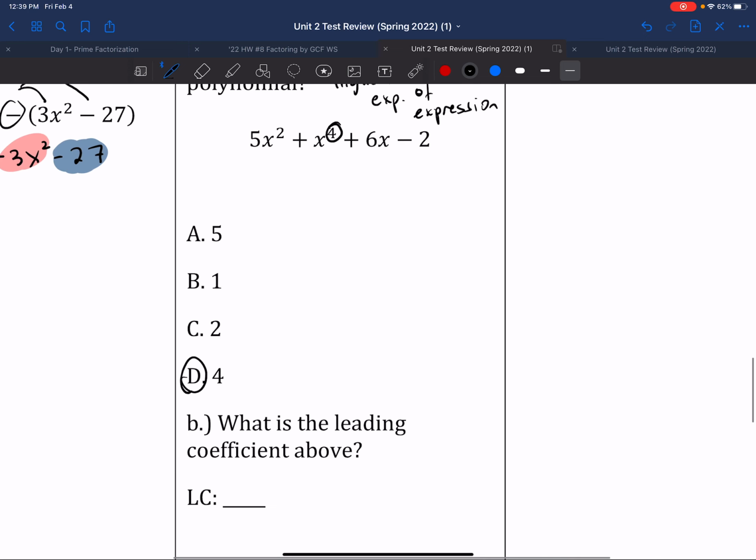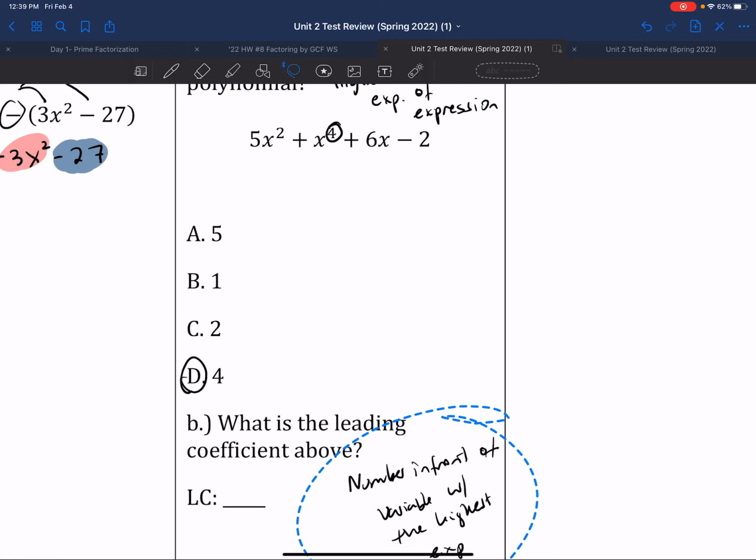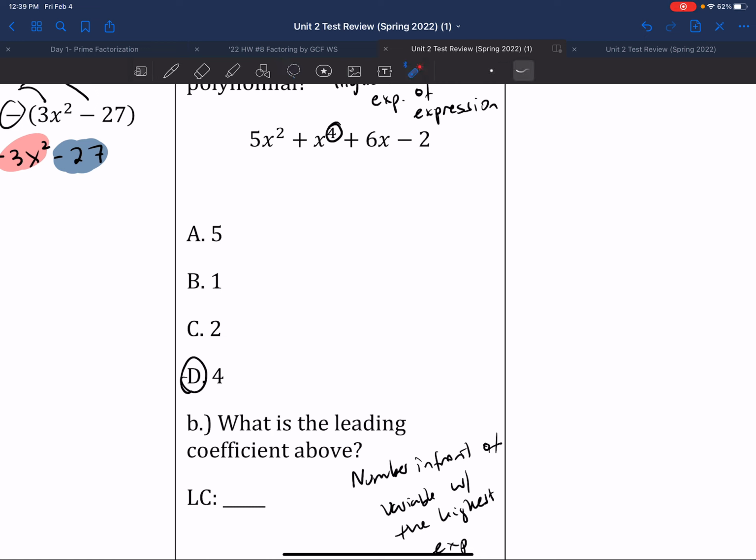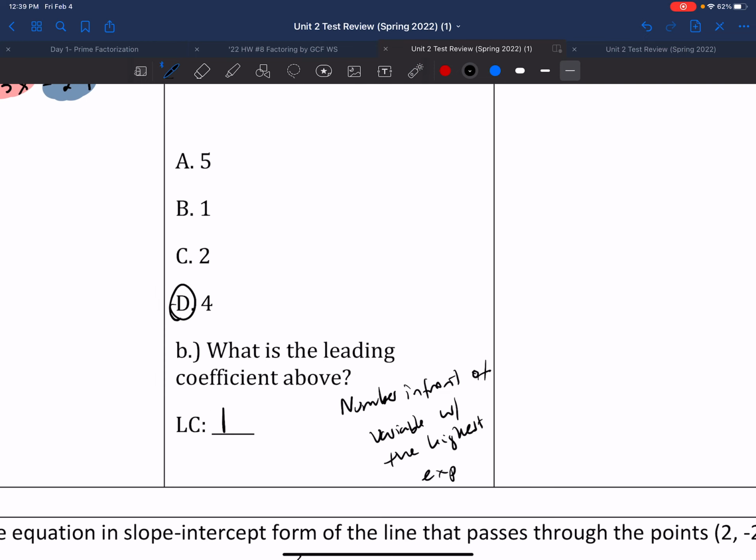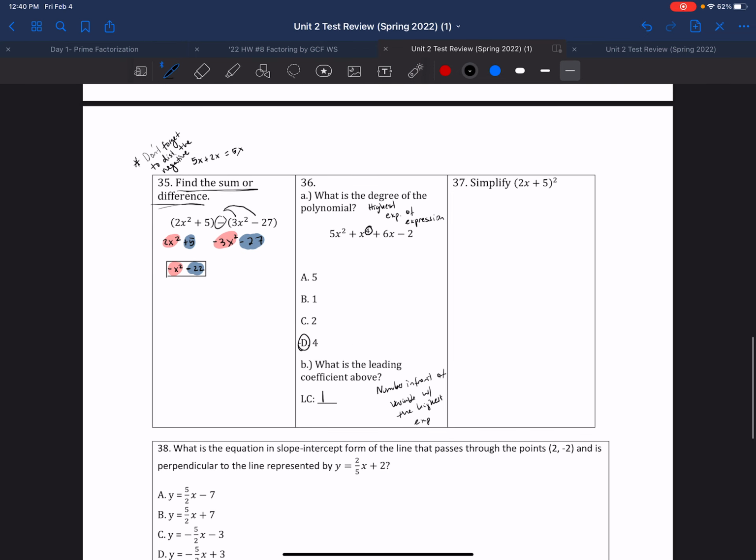Remember, the leading coefficient is the number in front of the variable with the highest exponent. Okay, so we see that this is my highest degree. So what is my leading coefficient? My leading coefficient is that number, which is this invisible 1. So my leading coefficient is just 1. Okay, hopefully you're remembering this.